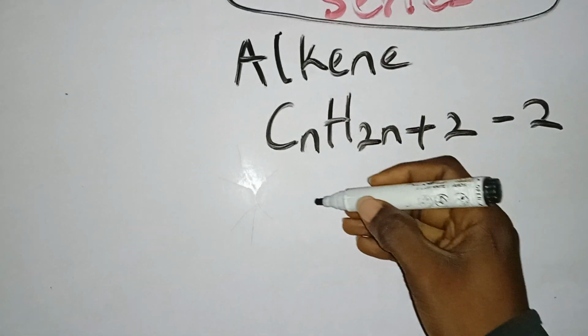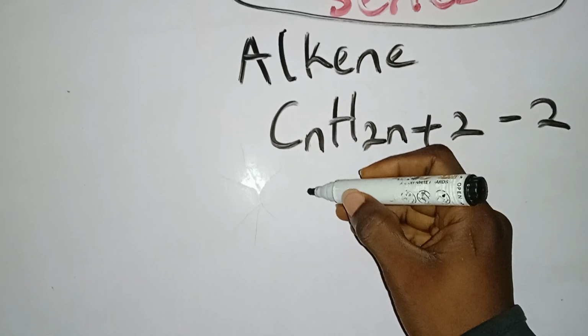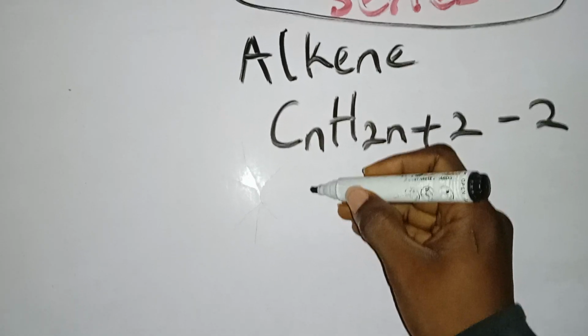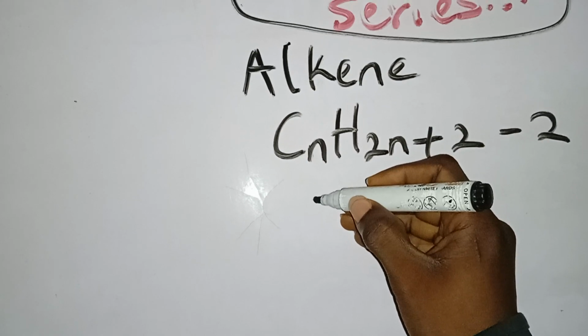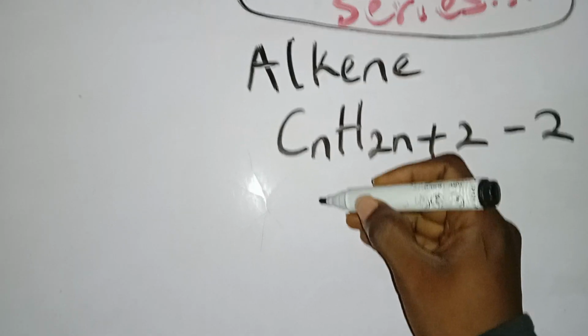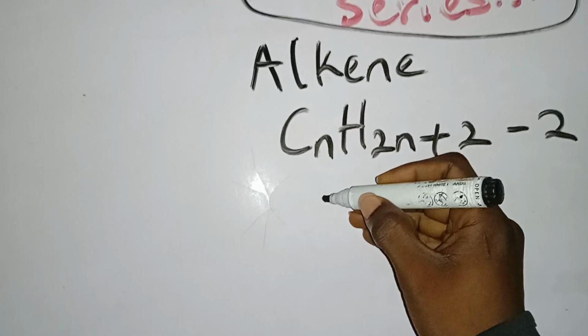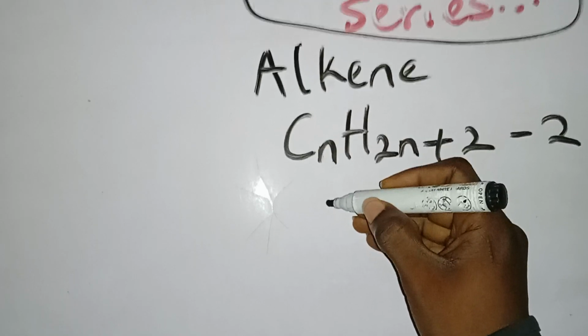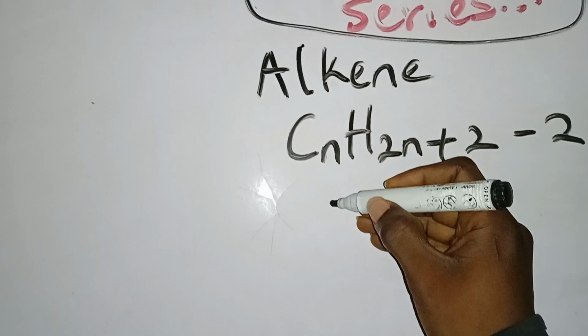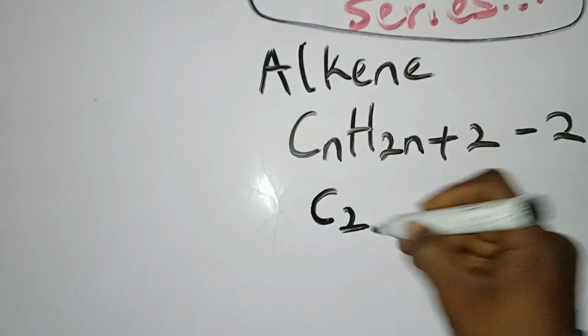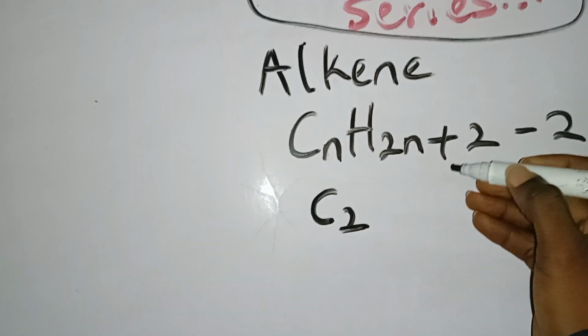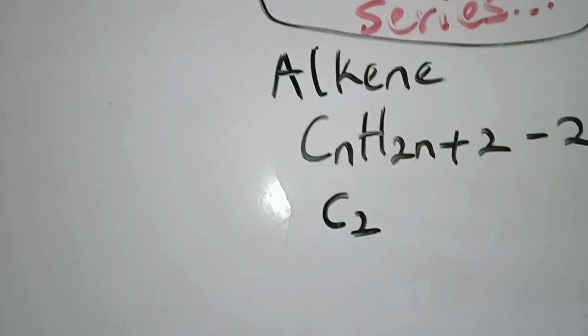So let's take it that you know that double bond starts with eth. There is no meth in double bond. You can never hear methene. It's not possible. You have ethene, propene, butene, and the rest of them. So let's say I have 2 carbons. Double bond starts from 2 carbons. You can never have 1 carbon for double bond.